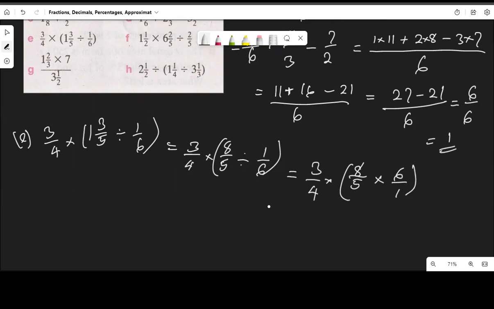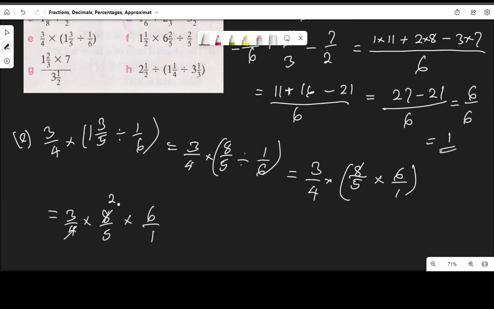And that will give us 3 over 4 multiplied by 8 over 5 multiplied by 6 over 1. Let's see if we can reduce. 4 there is 4, 4 here is 2.